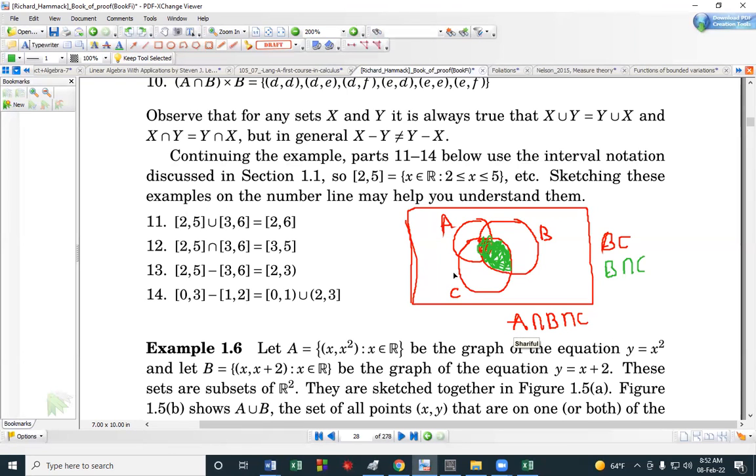And now let me draw one part and tell me how you would represent it. How would you represent this part?